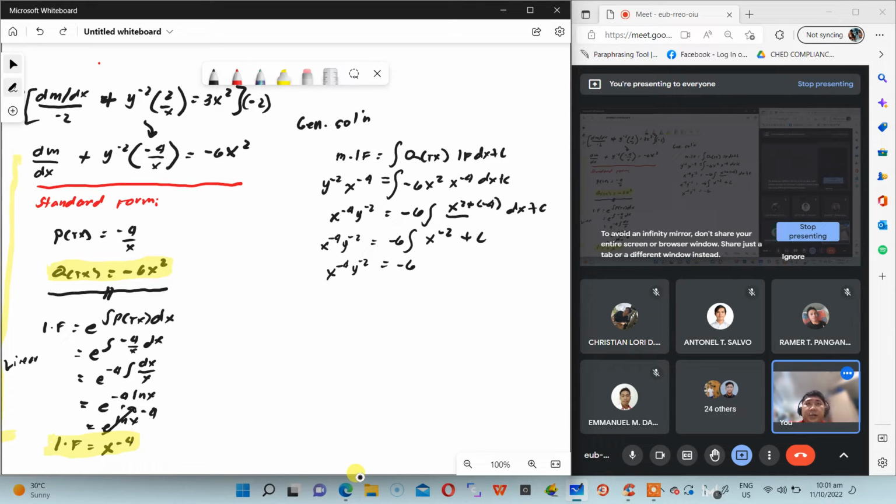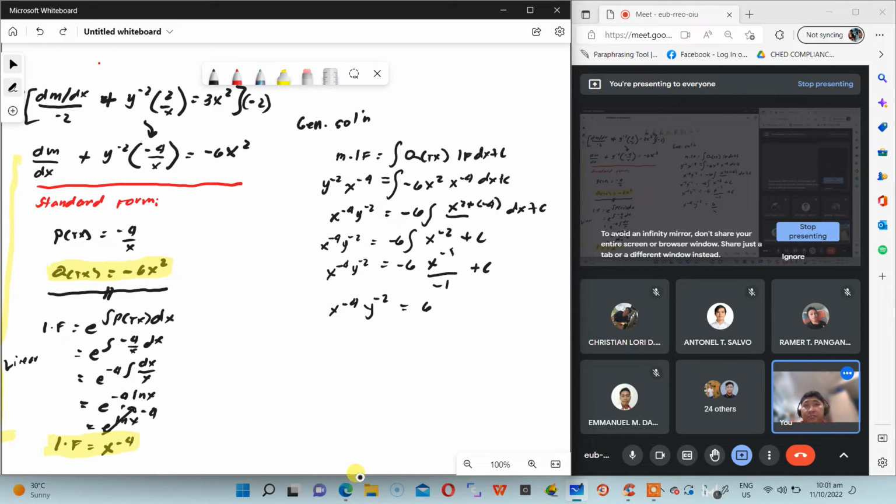Let's integrate this now. So that is x raised to the power of 1, since it is plus 1 to the exponent. So that is negative 1 over negative 1 plus c. So therefore, we have x raised to the power of negative 4, y raised to the power of negative 2 equals negative times negative, that is x, this is reciprocal, it will be like this.